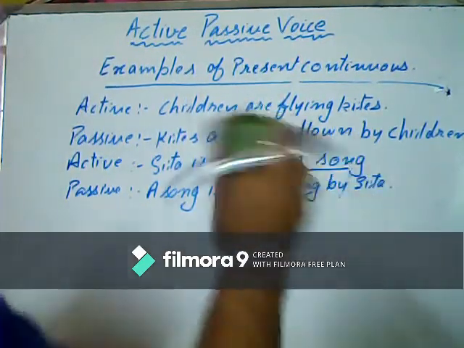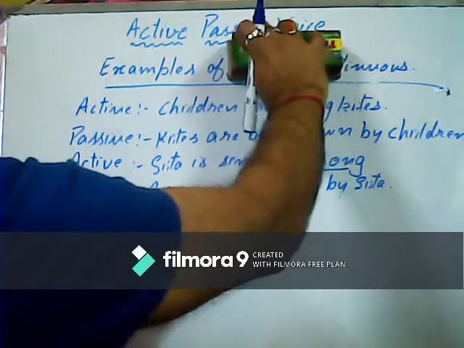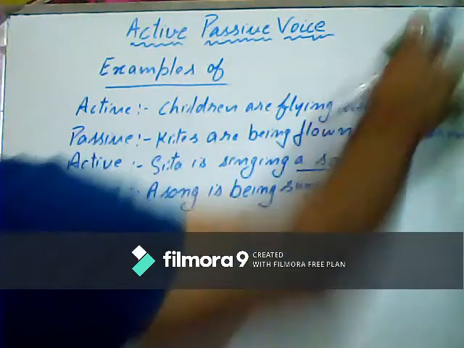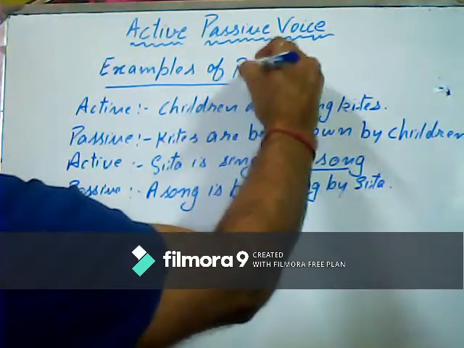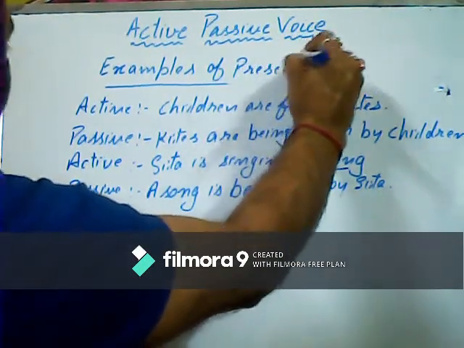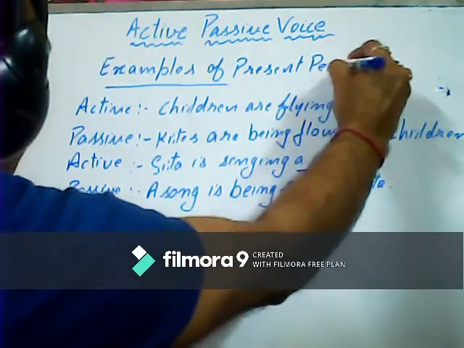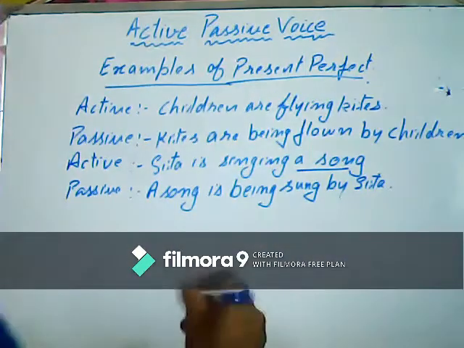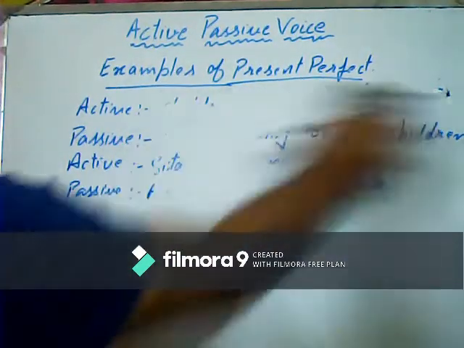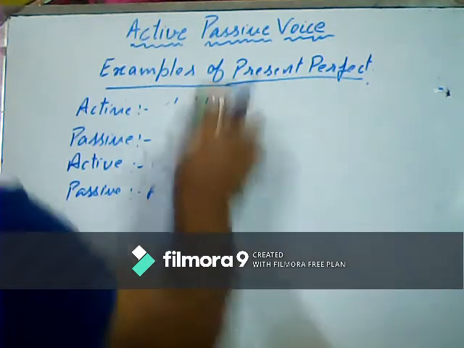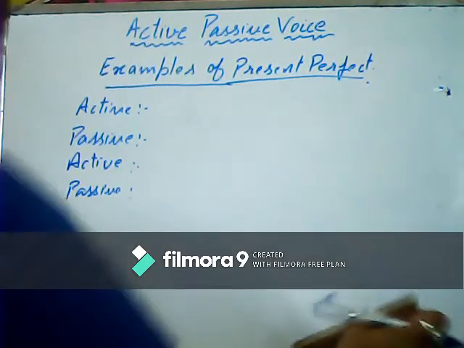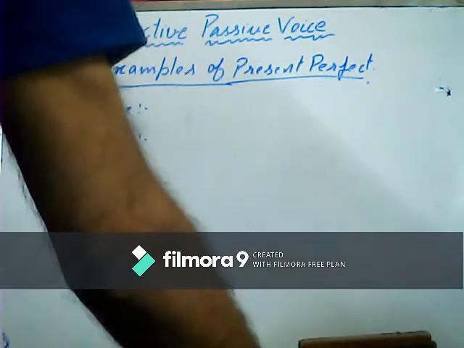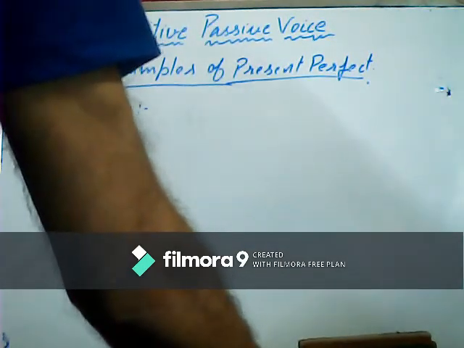Now in this way we keep on changing. Now we go to present perfect. In active voice we'll take one example of present perfect, that is they have cut all telephone wires.